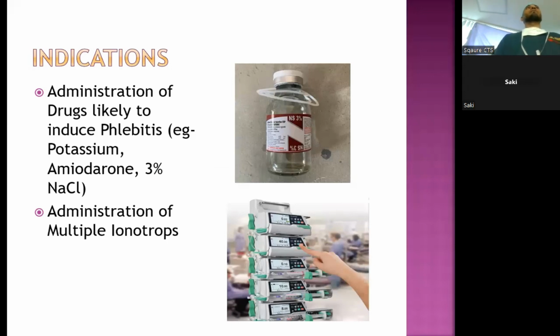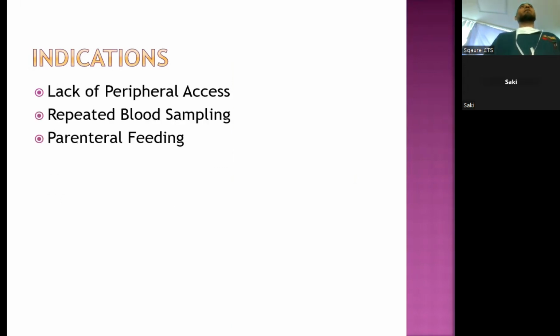In cardiac anesthesia, the most important indication is administration of multiple inotropes at the same time. Other indications are lack of peripheral access, repeated blood sampling, and parenteral feeding.